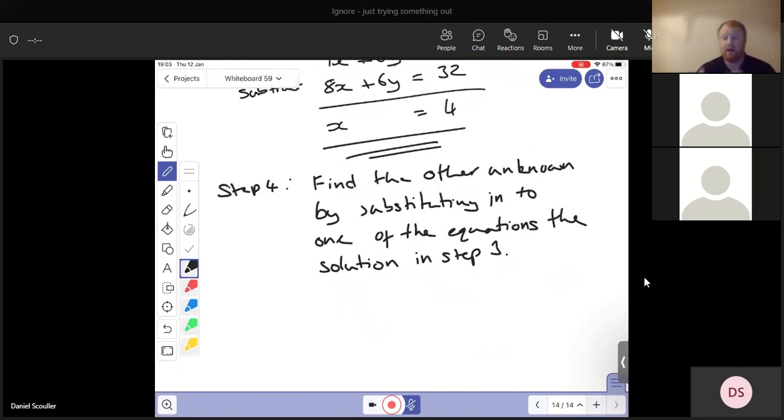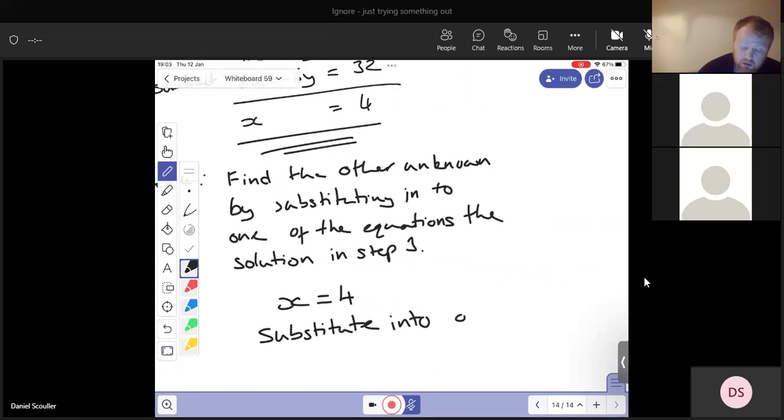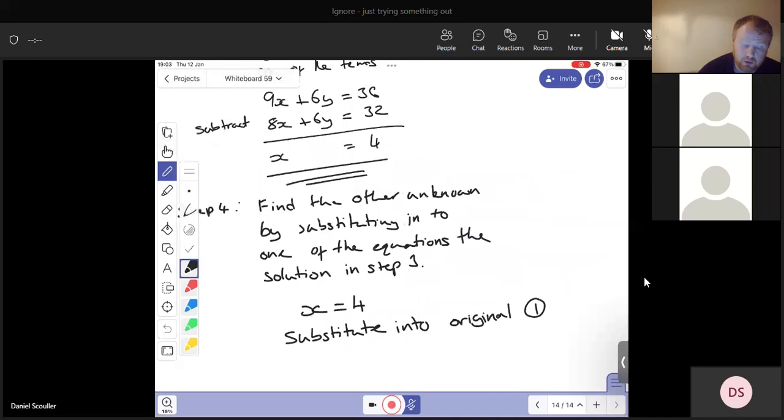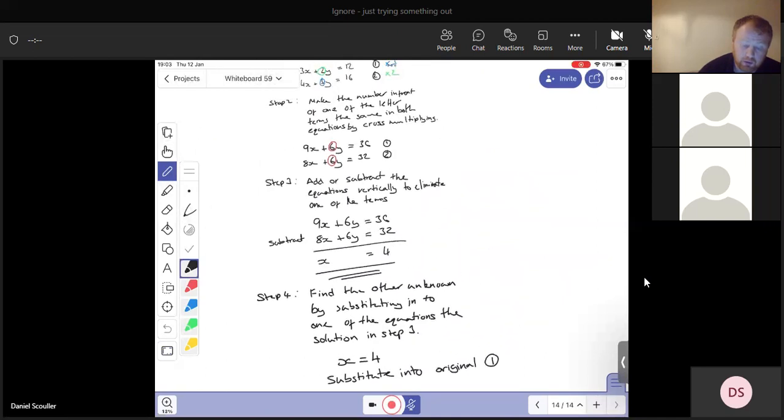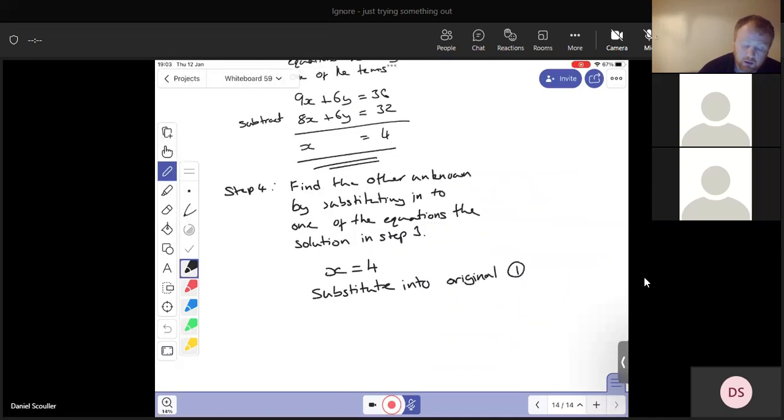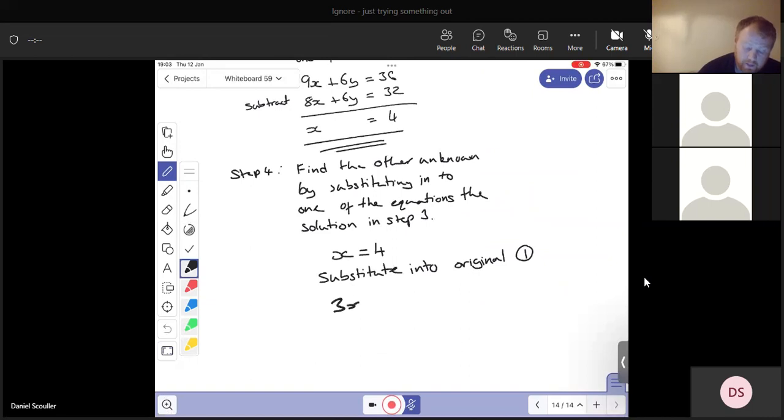So I'm going to take that x equals 4. I'm going to substitute it into the original equation 1. So that original equation 1 was 3x plus 2y equals 12.